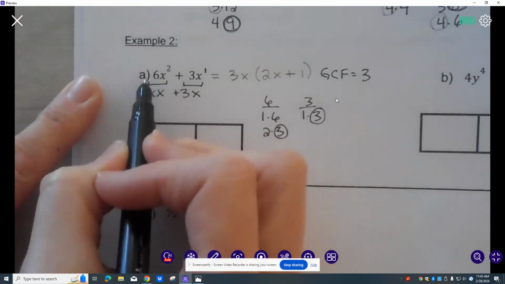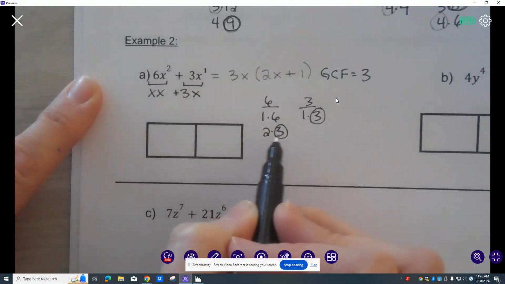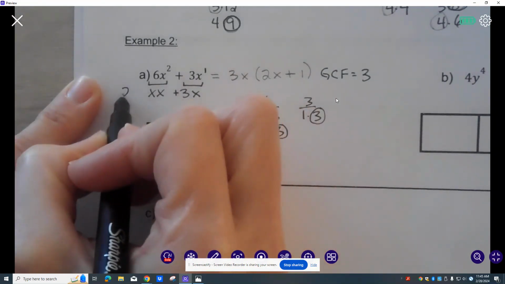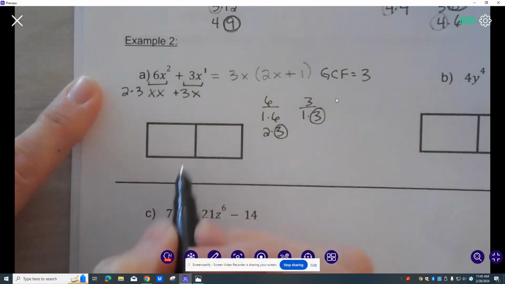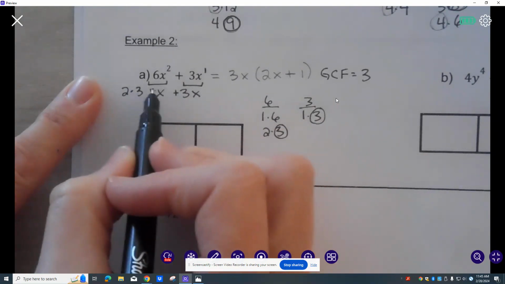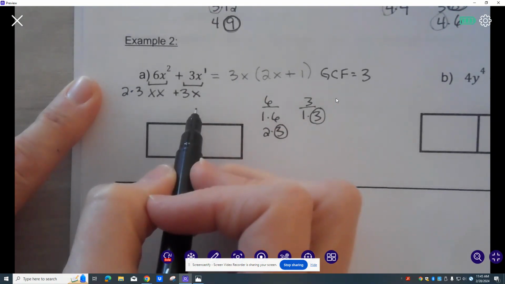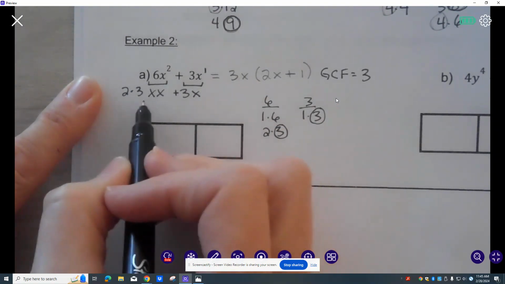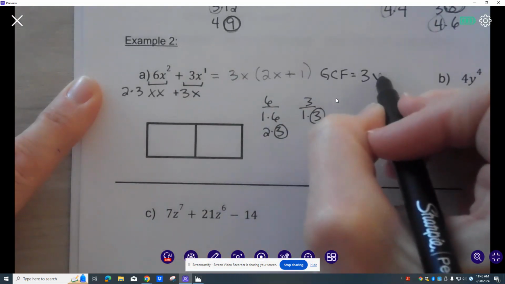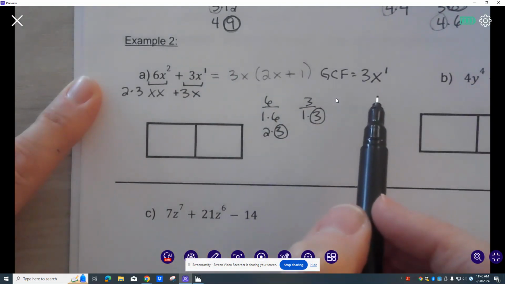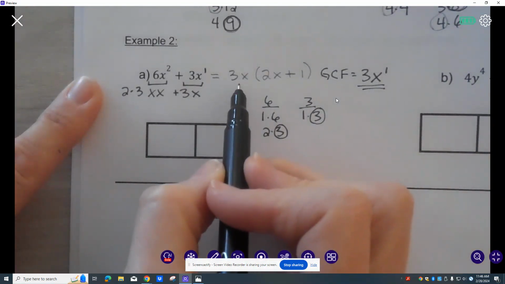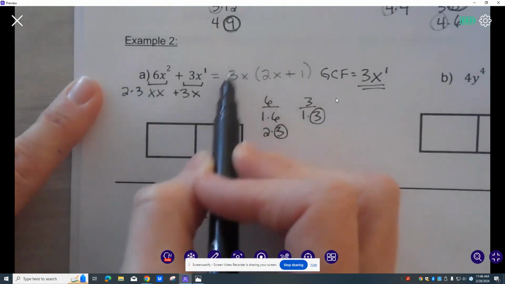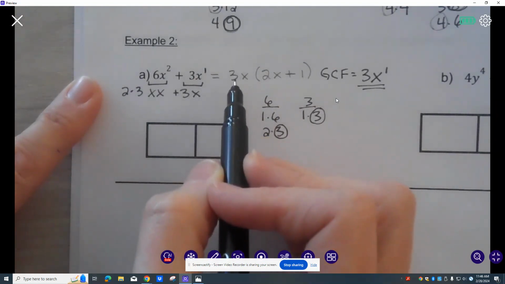And actually go ahead and write this 6 as 2 times 3 so you can see that 3, which is part of your common factor. So this term has 2 x's, this term has 1 x. So you can think both of these terms have 1 x. So that's also part of your greatest common factor. So this is your greatest common factor. You can see it right here. This is one of our factors that are going to be in our answer.